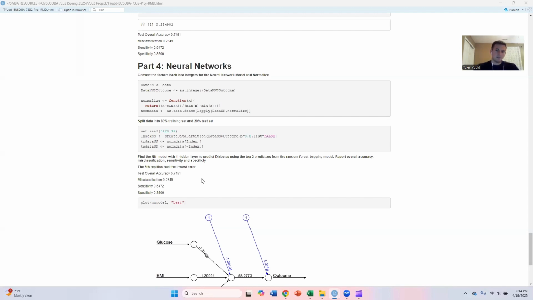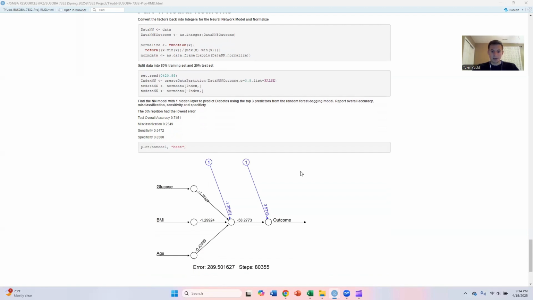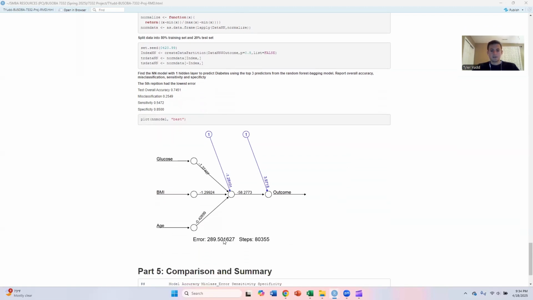I've hidden the output because the return alone was 5 or 6 pages, but the overall accuracy was 74.5, with the fifth repetition being the one with the lowest error. So that's what I used here in my plot. The error was 289.5, whereas in the other repetitions, it was in the 290s.